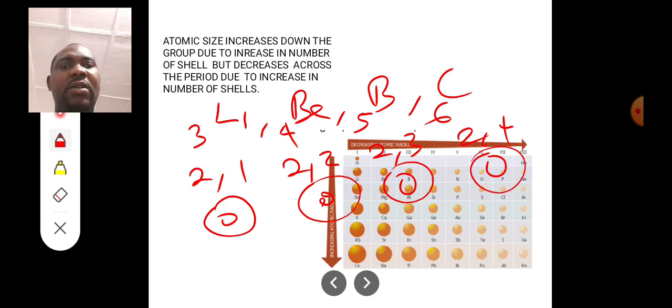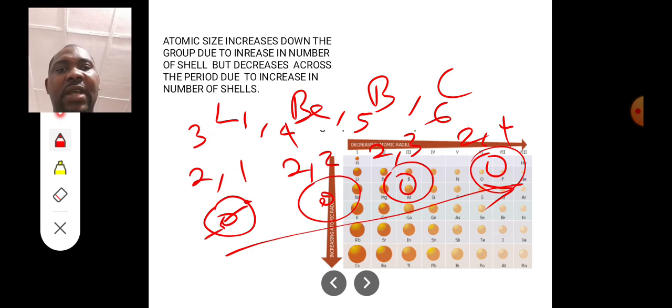But as you go across the period, you see that the atomic number is increasing. Why does the size reduce? Because the nuclear charge is the attraction of electrons towards the nucleus. Let's say you have a nucleus here and an electron is attracted towards the nucleus. Once this attraction is strong, the atom shrinks because the electrons move towards the nucleus.